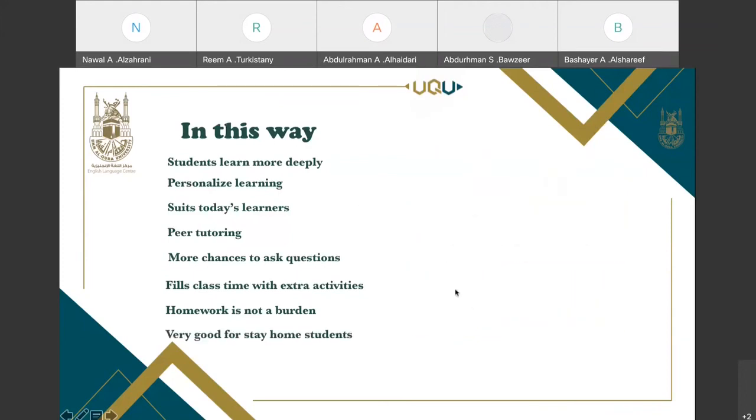And this is also a very good chance for stay-home students. Nowadays, we don't know what the situation is. If one of my students, la samahallah, got the virus and is obliged to stay at home for 10 days or 14 days, for example, of course, she has منصة عين, for example, to follow up, but sometimes she wants to go with the flow with her group. She doesn't want to miss anything.